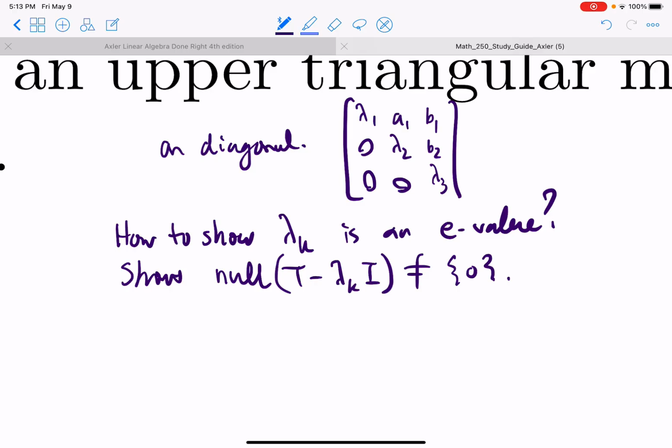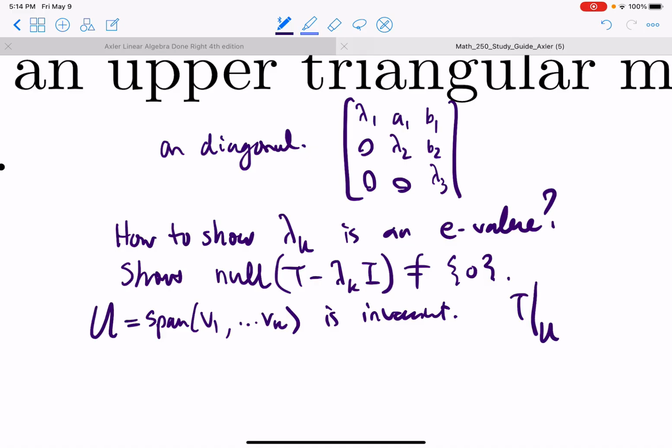Now, remember that the span of v1 through vk is an invariant subspace. Let's call it U and restrict T to that span. Then the dimension of U is k.